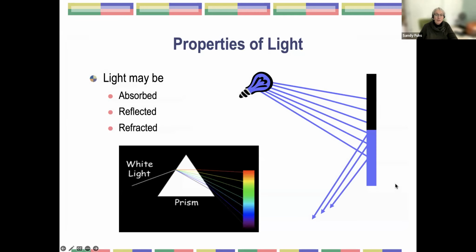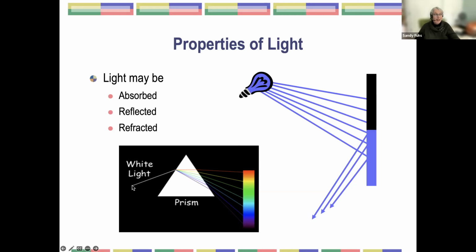Okay, properties of light. Let's talk about light. Light, if we think about all wavelengths of light, from the blues all the way through to the red, all these rainbow of colors, they start all together as white light.